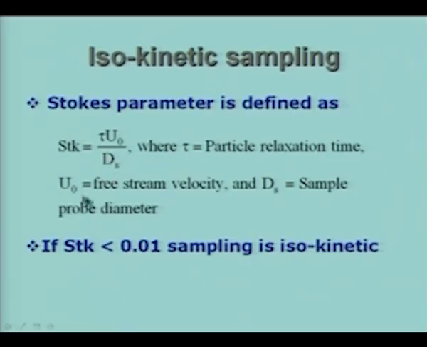If this Stokes parameter is less than 0.01, sampling is expected to be isokinetic. Therefore, if you want to find out what diameter of sample probe to use, we have to find the value of the Stokes parameter and make sure that it is less than 0.01, so that isokinetic sampling can be achieved.